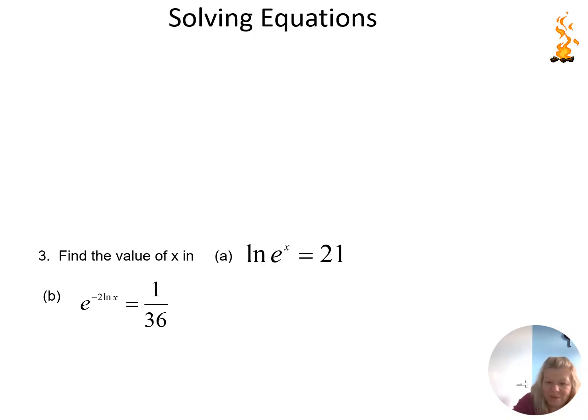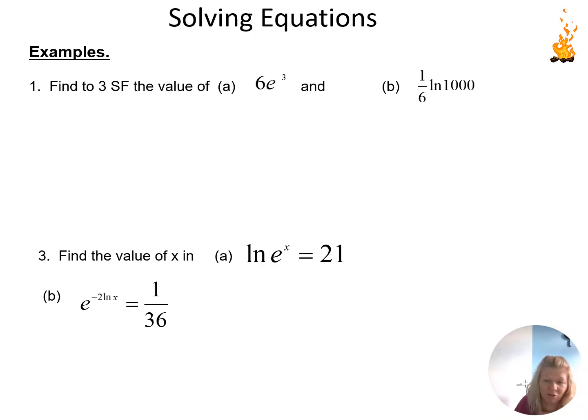Right, solving some equations using the logs. This one just asks us to find it, to 3 significant figures. So all you can do is pop it in your machine, press 6, then the E button under the tools, and then put -3, and you should get an answer.